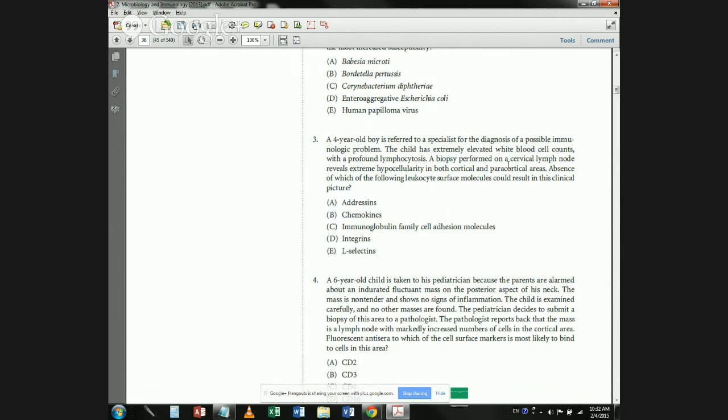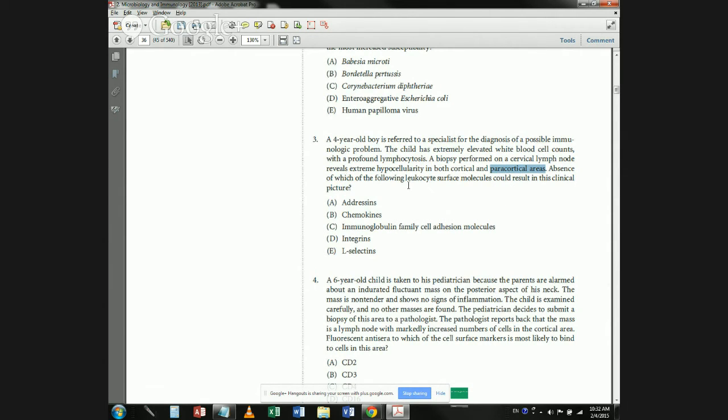A biopsy performed on a cervical lymph node reveals extreme hypocellularity in both cortical and paracortical areas. So we're talking a lack of B cells, cortical, and a lack of T cells, paracortical.